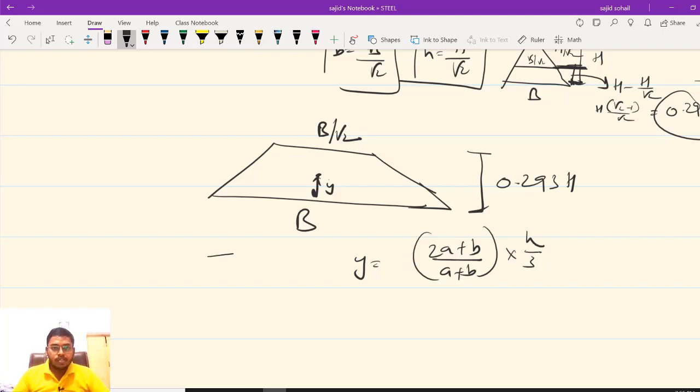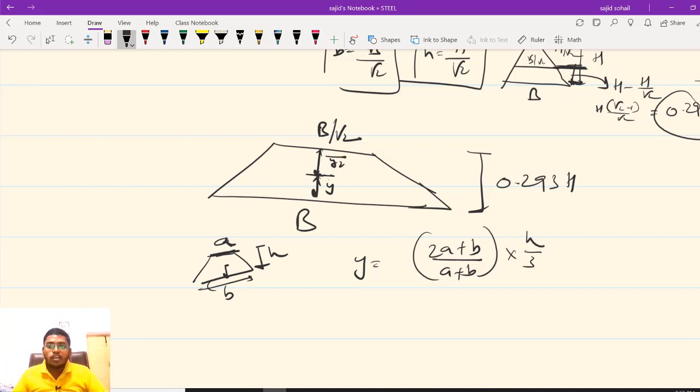If you have a trapezoid, where a is the top dimension, h is the height and b is the bottom dimension, then the centroid from the bottom fiber is (2a plus b) divided by (a plus b), into h by 3. So I will know this distance y, and then I just have to calculate y2 bar.